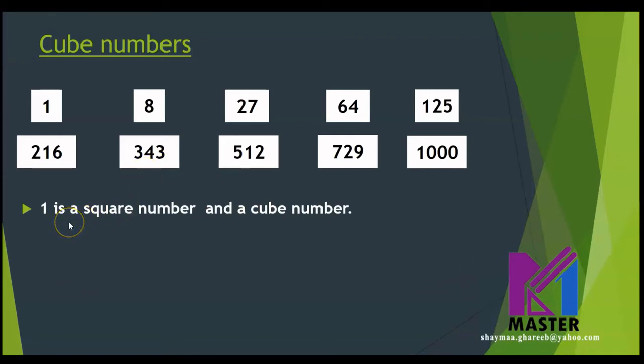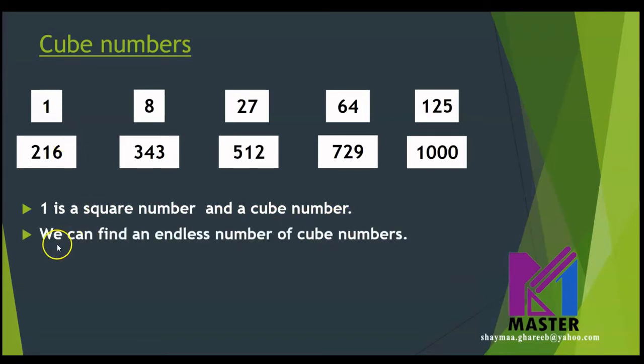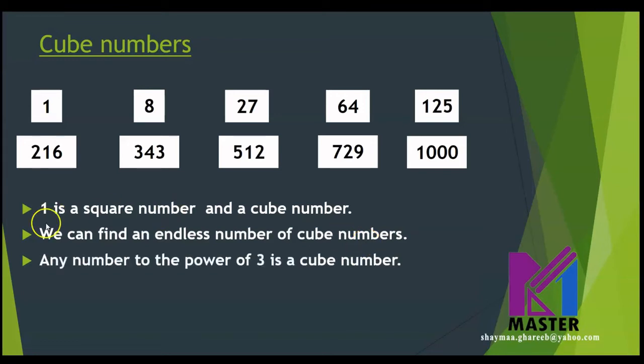Now let's sum up some points. 1 is a square number and a cube number, as we said before. We can find an endless number of cube numbers, of course, because numbers have no end. Any number to the power of 3 is a cube number. Exactly.